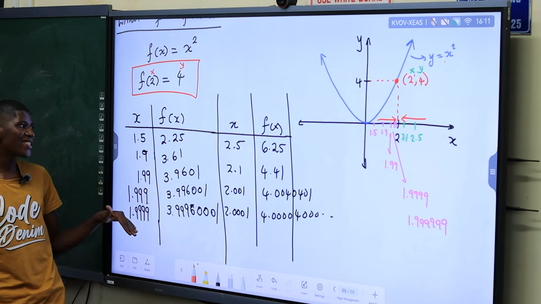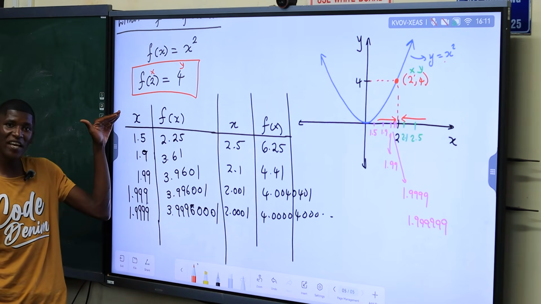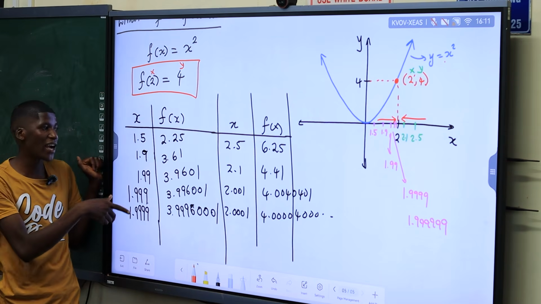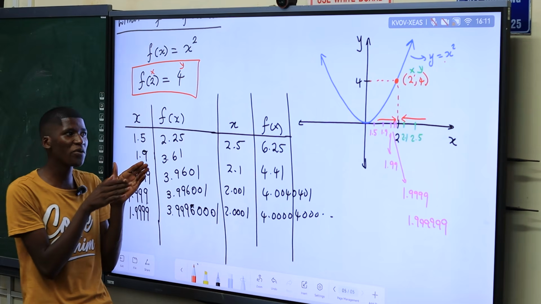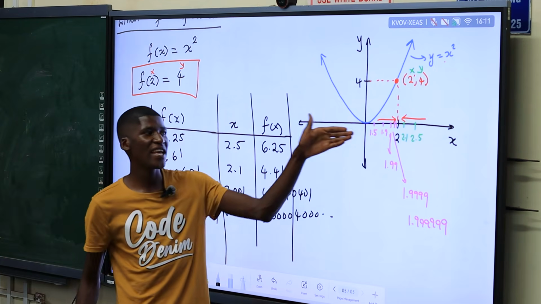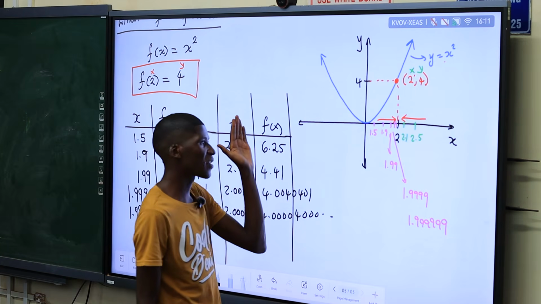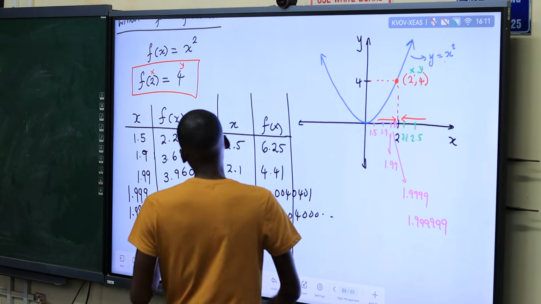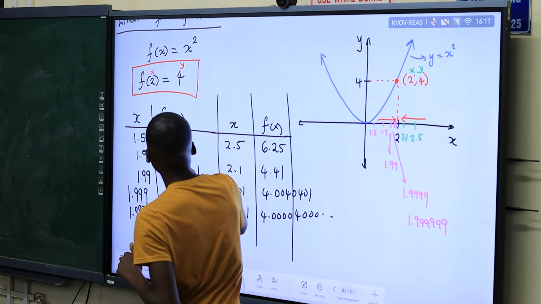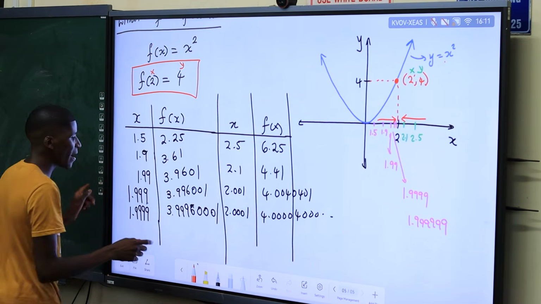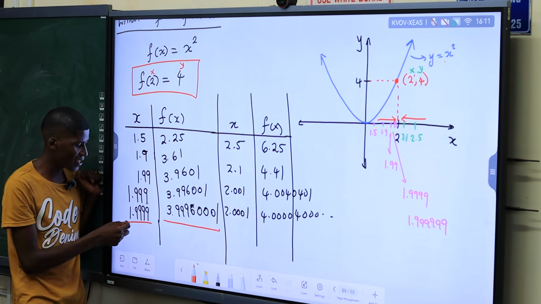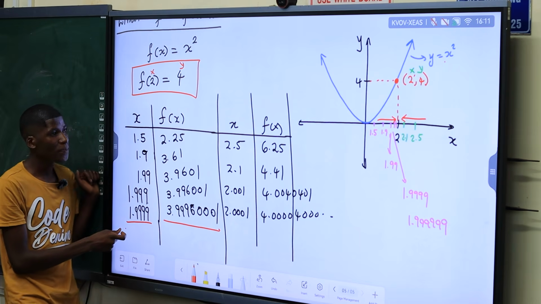At the beginning we said we are approaching 2. These values are approaching what? 2. They are increasing because we are coming from the left. When we are moving from left to right, we are increasing the values on the x-axis. From 1.5 on the y-axis we got this, from 1.9 we got that. We found that our number on the y-axis approaches 4 as x approaches 2.